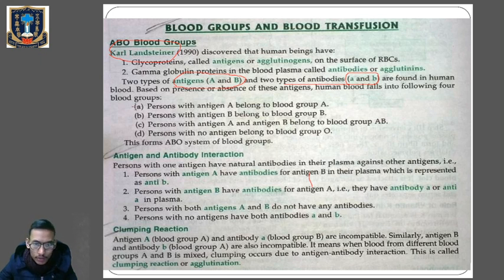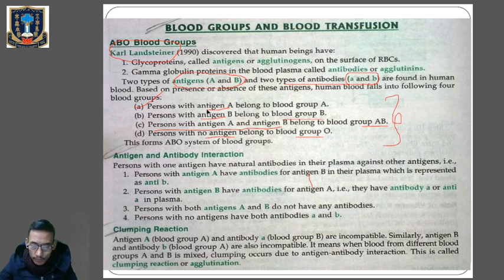Persons with antigen A have blood group A. Persons with antigen B have blood group B. Persons with antigen A and antigen B belong to blood group AB, and without antigen they belong to blood group O.